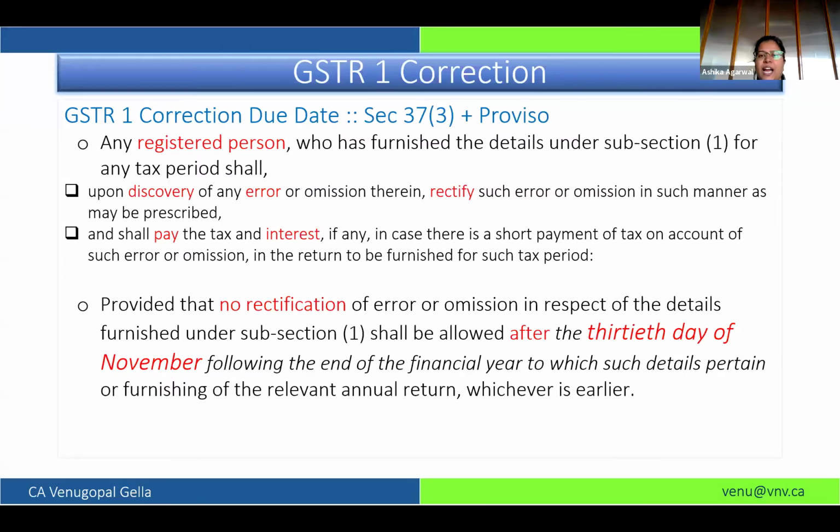I can't correct any previous month's data. If the details furnished in GSTR-1 belong to any previous month, they need to be corrected by way of amendment. If you have yourself identified the GSTR-1 correction before filing 3B of that month, then by way of 1A you can do those corrections.